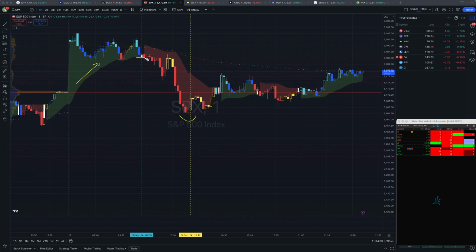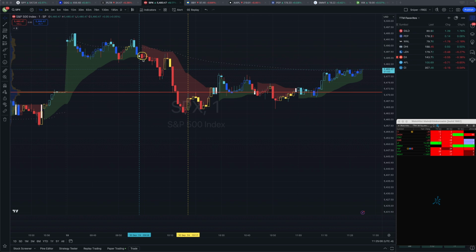I'm looking for a change between a green cloud and a red cloud. So the trend has shifted from an uptrend to a downtrend on the 1 minute. And this cloud indicator will print you a little white block when that shift happens between the two. You can see it here.